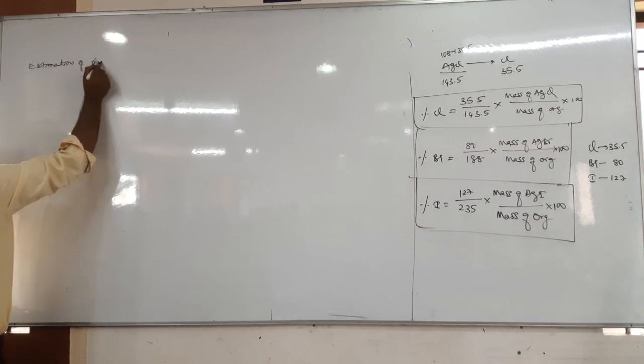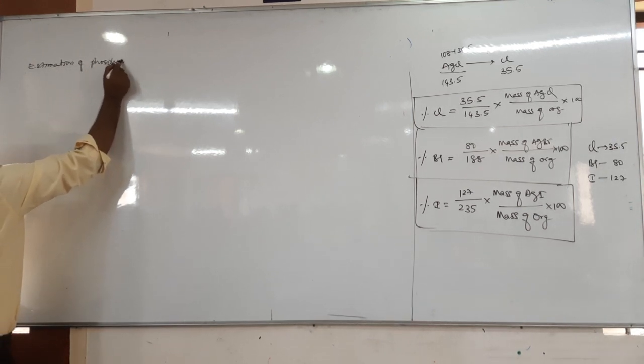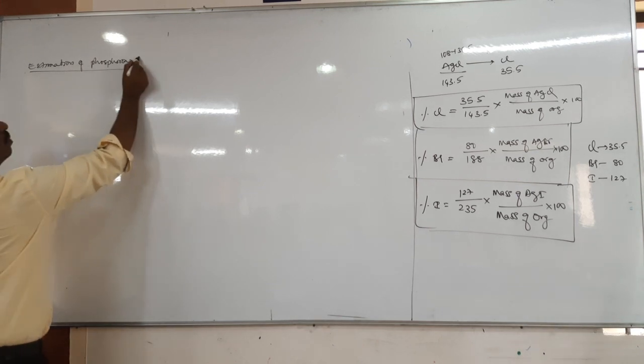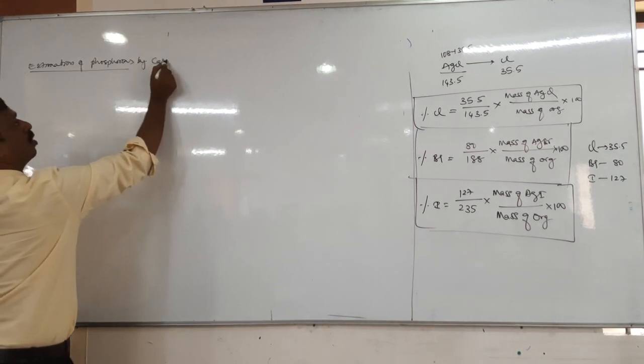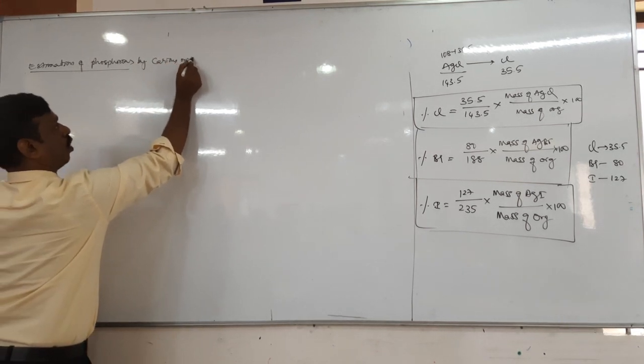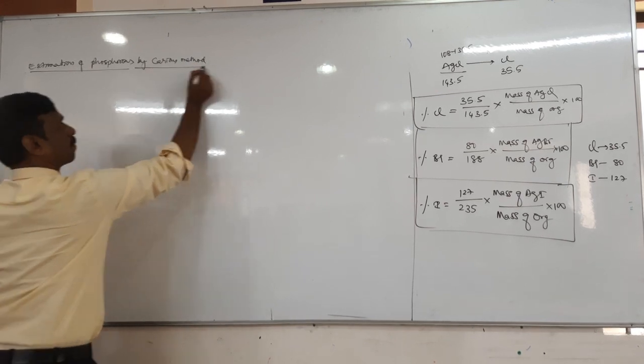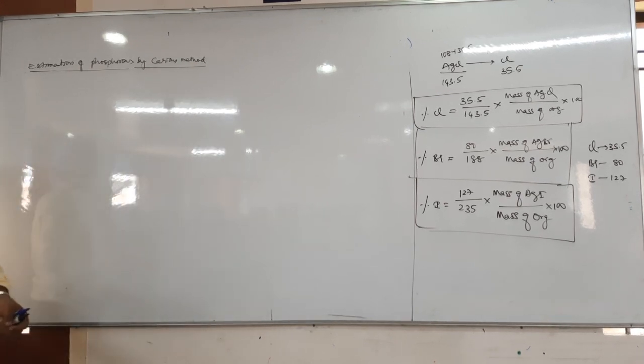Estimation of phosphorus. See, all these we are studying by Carius method. Tell me, in all Carius methods, what is the common thing? Organic compound should be treated with concentrated nitric acid. This is the common.